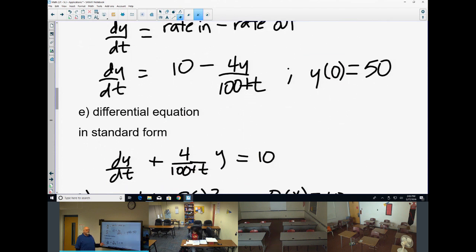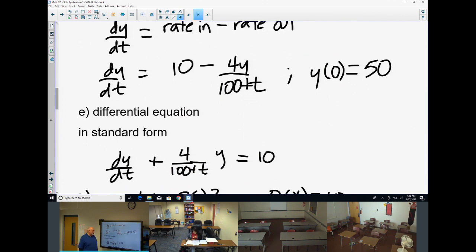Okay, so now what is the p of x, or well, p of t in this one? Yep, 4 over 100 plus t. What's the q of t? Just 10. All right, and then you have to find the v of t.